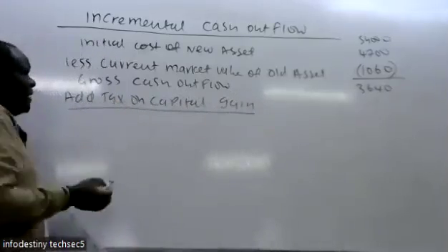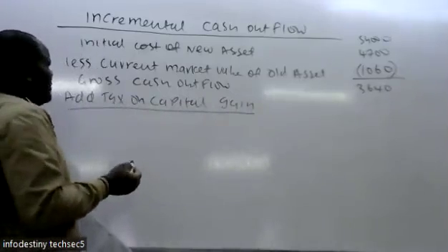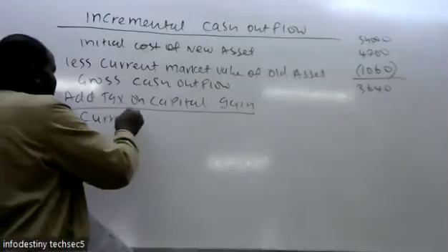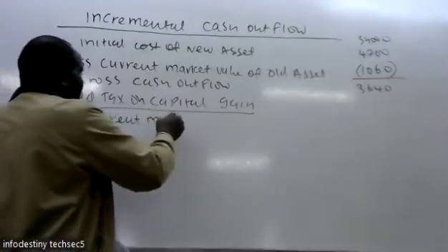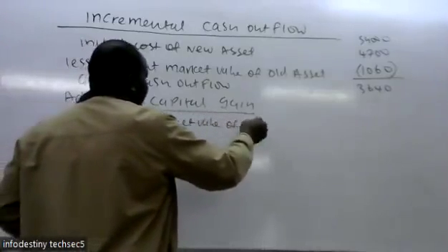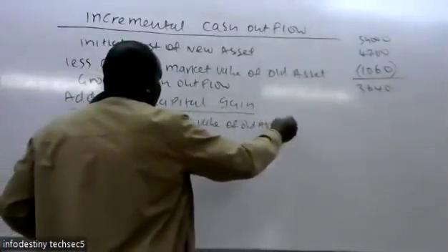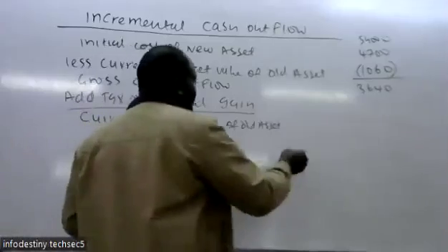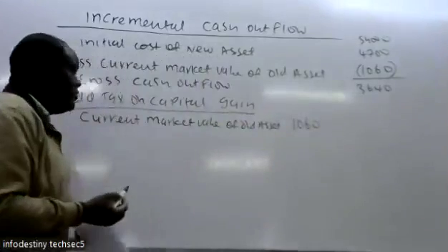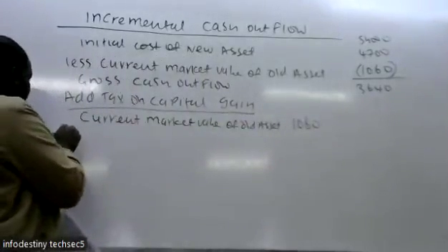So to get the tax on the capital gain, we start with the current market value of the old asset, which is meant to be 1.06 million. Then we should be able to less.